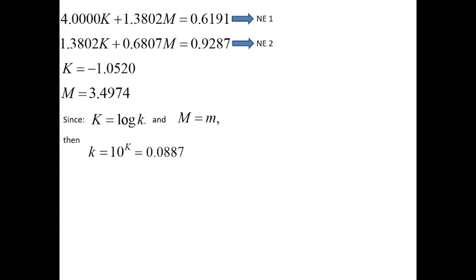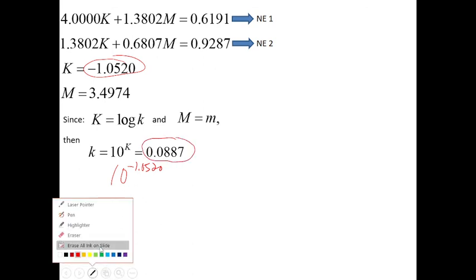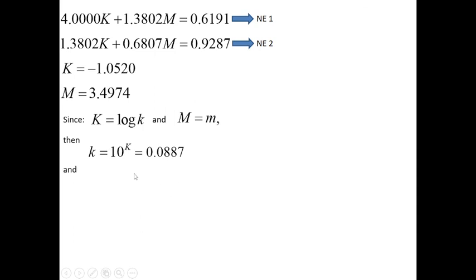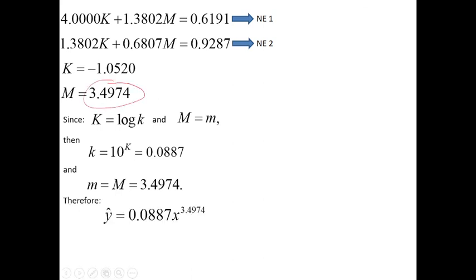So 10 raised to this number, negative 1.0520, we'll arrive at 0.0887. And in here, this is direct. M equals M, that's why that equals 3.4974. Therefore, our answer is this. We have y hat equals k x to the power of n.